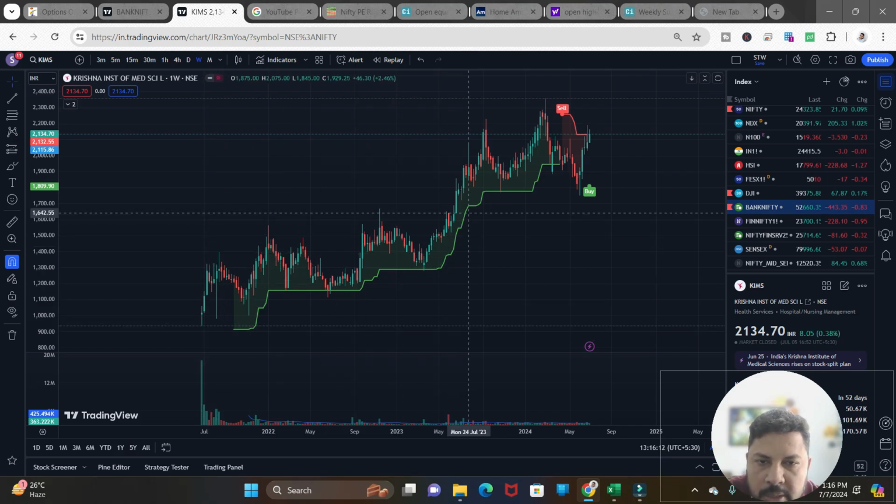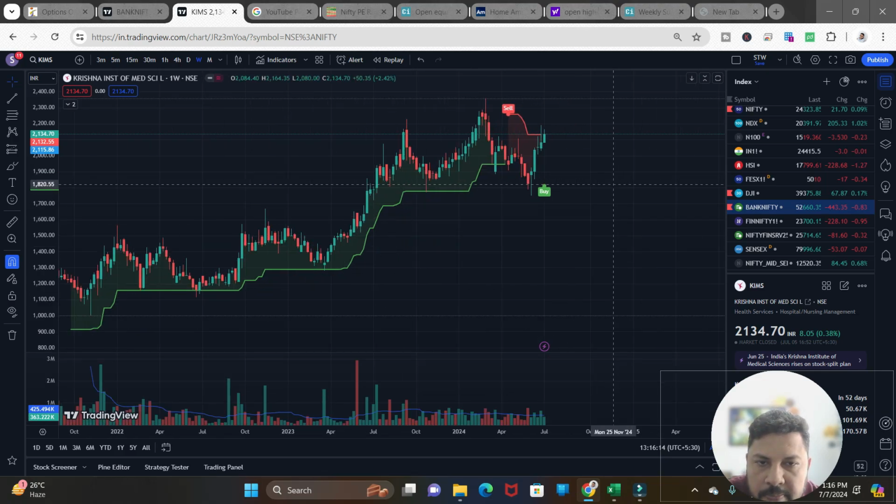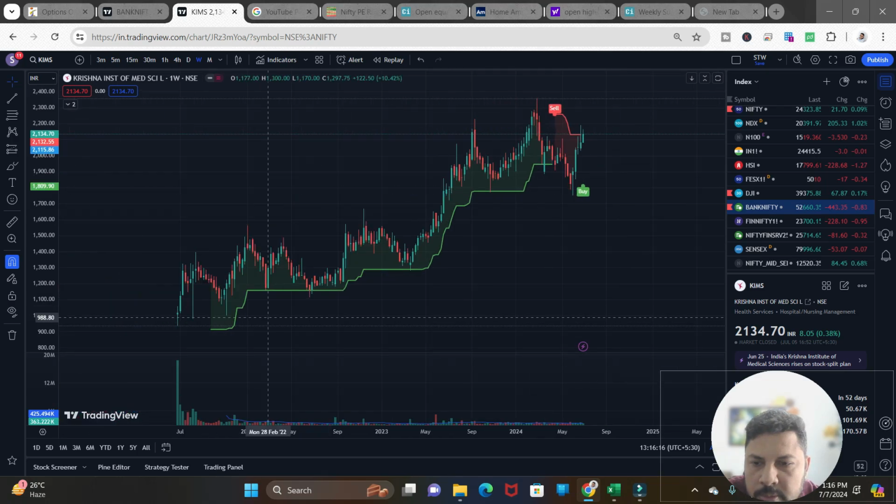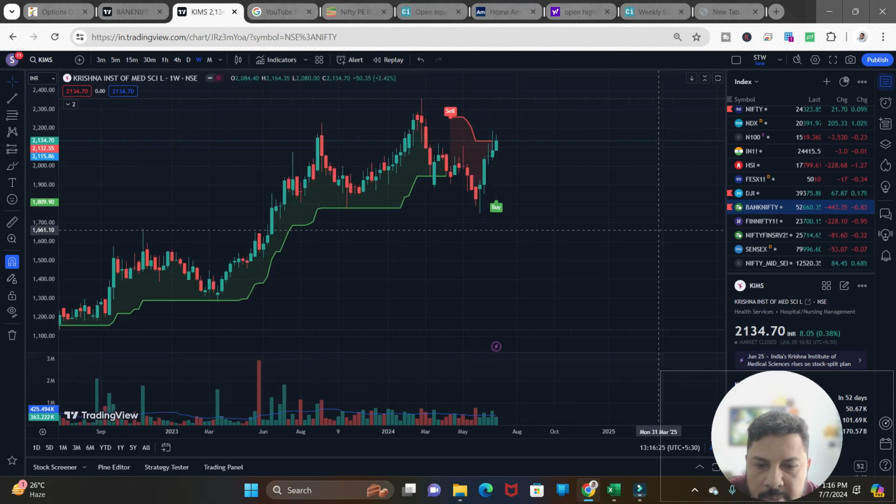From there, the stock has been running very nicely. Usually new stocks won't go like this, and this is a very special case. Looks like it has gone nicely up, but the volumes are not great in this breakout, so be very cautious. I don't recommend this stock, and this is the all-time high. So let it cross its all-time high, and only then can you take an entry in this.